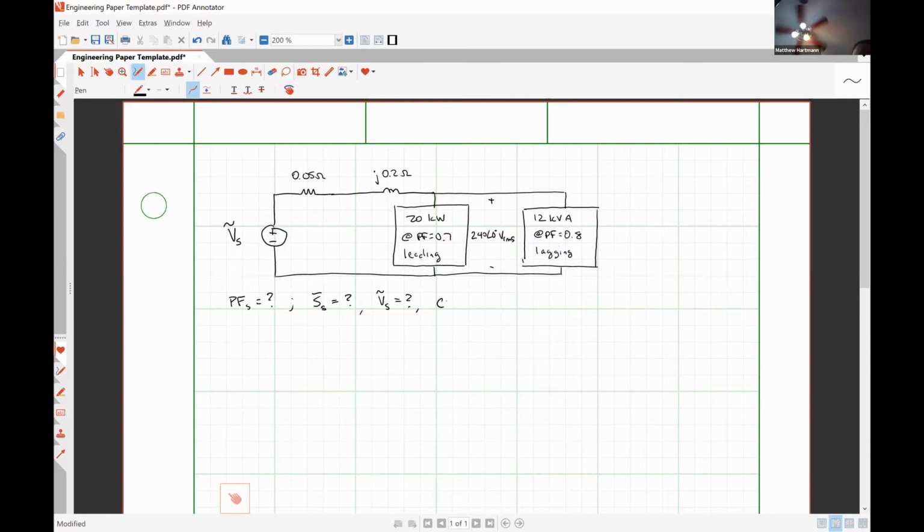And we want to know the value of the capacitor which will make the power factor at the source equal to 0.9.